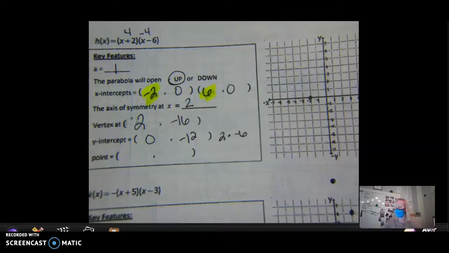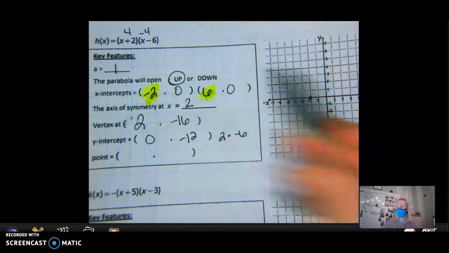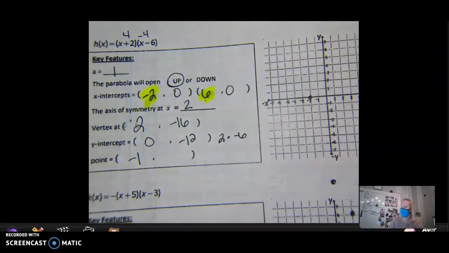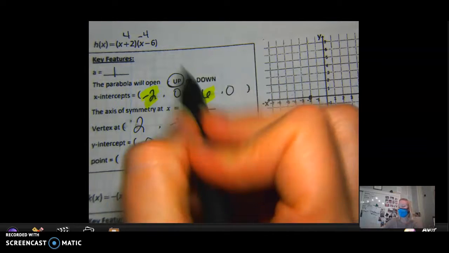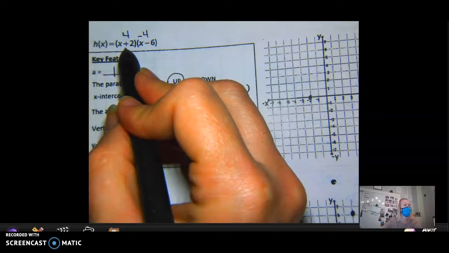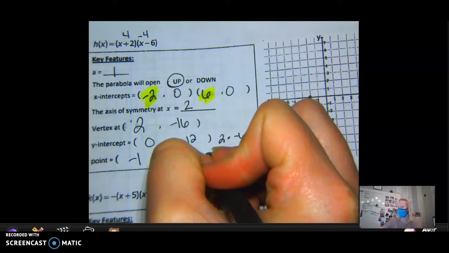And then they just want an additional point. So we've had 0, we've had 2, we've had -2, we've had 6. Let's try -1. This may not be the point that you chose; we have lots of points, but let's try this. What's -1 plus 2? 1.